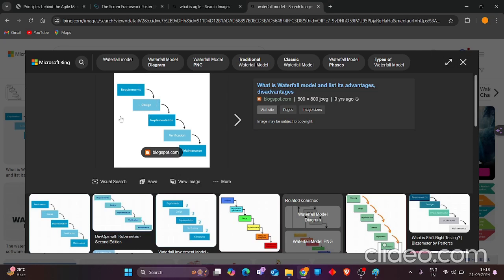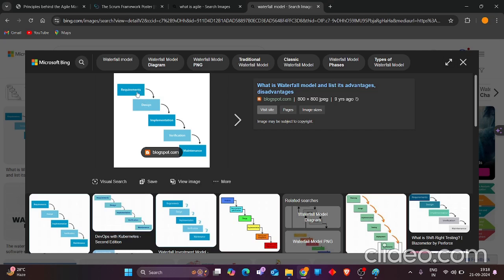In the early days, software used to be developed by the waterfall method: first requirements, design, implementation, verification, and maintenance.